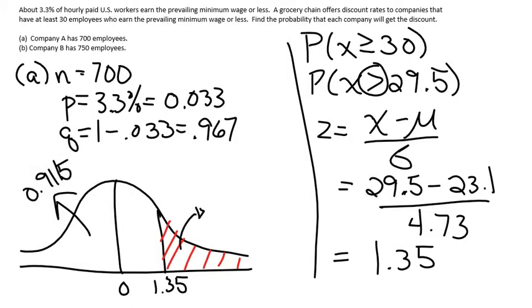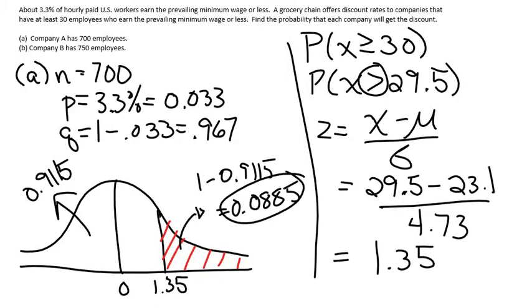Therefore, this area would be 1 minus 0.9115, which would be equal to 0.0885. And this is the probability that company A will get the discount.